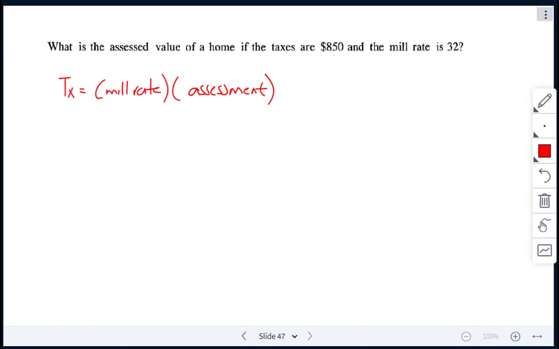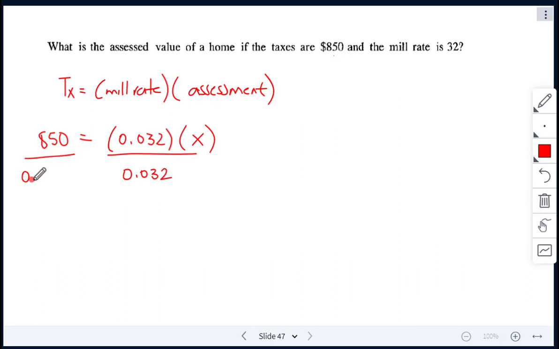Okay, so what is the assessed value of a home if the taxes are $850 and the mill rate is 32? All right, so taxes are 850. Mill rate is 32, which is 0.032. And then assessment is what we're trying to solve for. I'll just call that x. To solve for x, we need to divide by 0.032 on both sides.